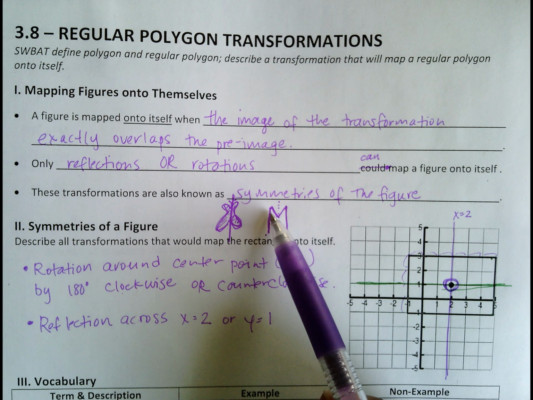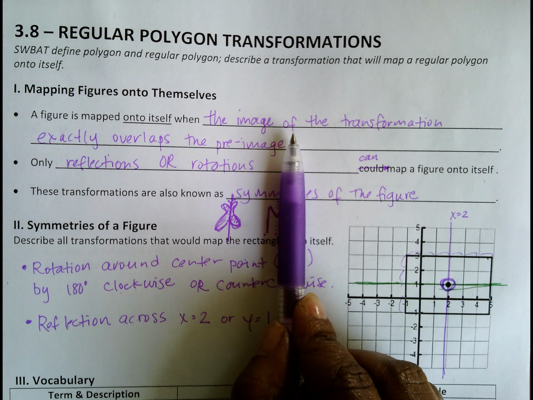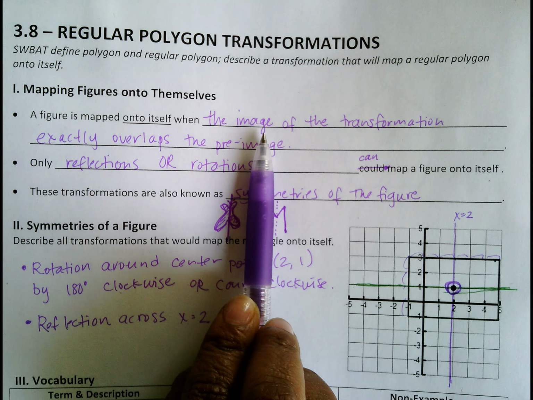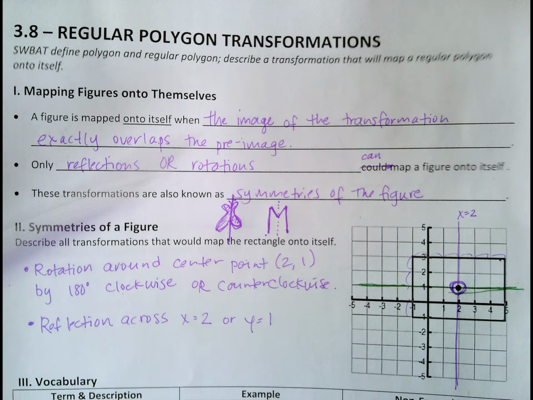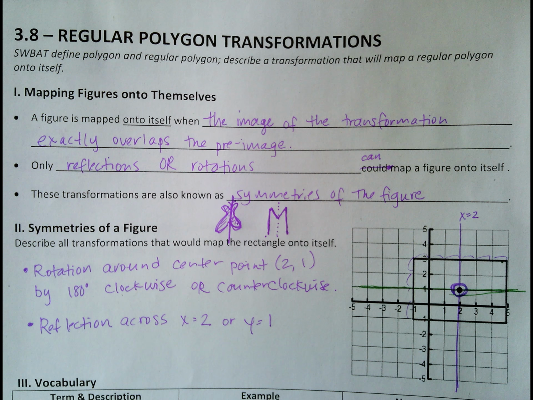So this half right here, let me roll that pen over, is the perfect image of this half right here, okay? And that's what symmetry is. And I did this butterfly that doesn't necessarily look like a butterfly, but the purpose was to demonstrate symmetry.